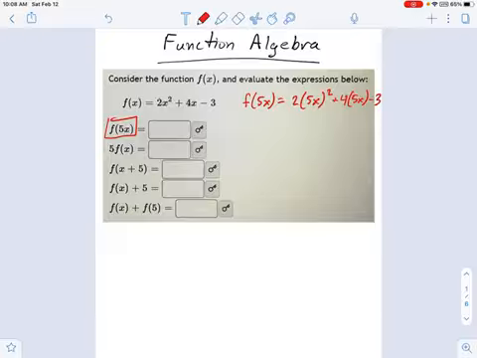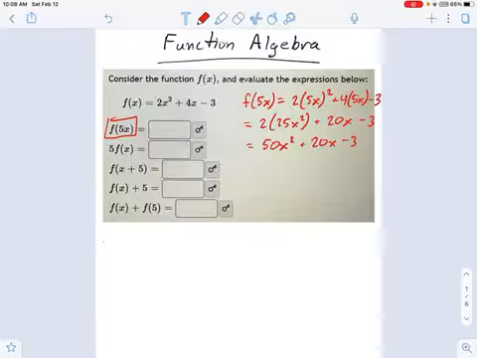That's the only job left. So this becomes 2 times 25x squared, remember the squared distributes, plus, well, 4 times 5x is 20x, and then minus 3. It becomes 50x squared plus 20x minus 3.